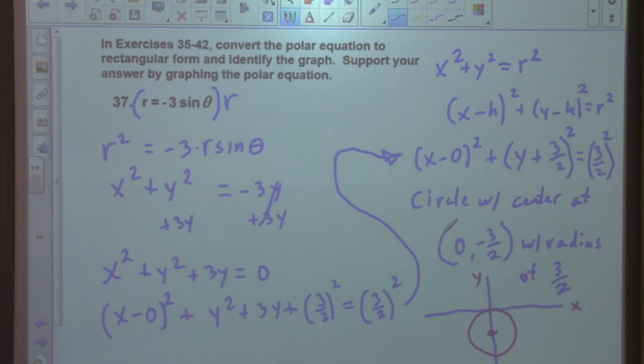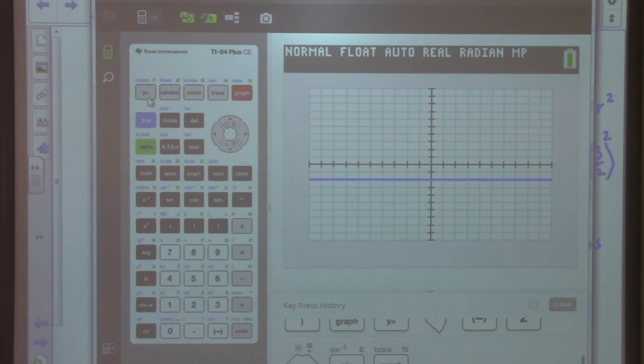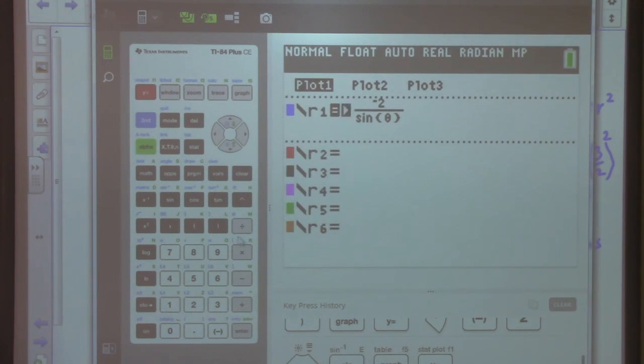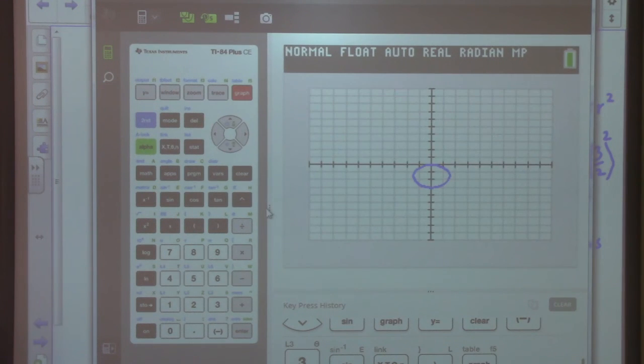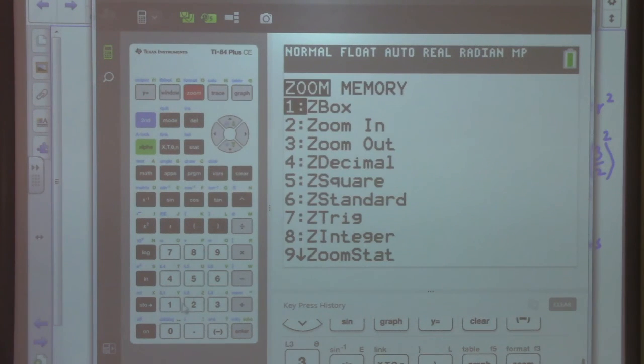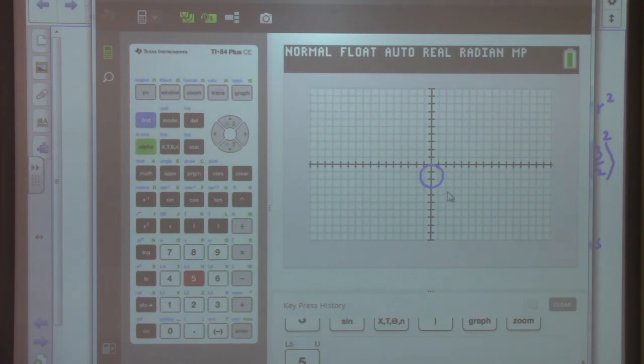We should see that, right? Let's go to our calculator. So negative 3 sine theta. And I'm not sure that the window's set exactly right. We'll just graph. And is that what we see there? Yeah, we can go to zoom square to square it up. But that's what it is, isn't it?